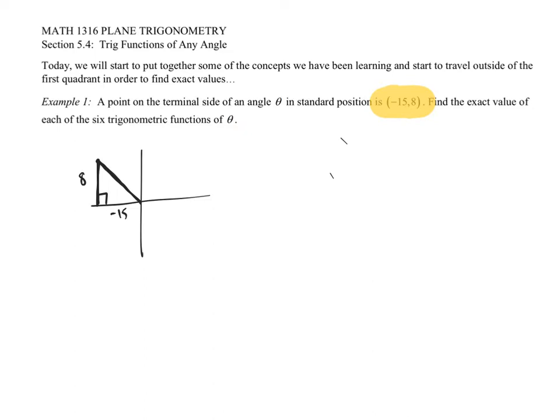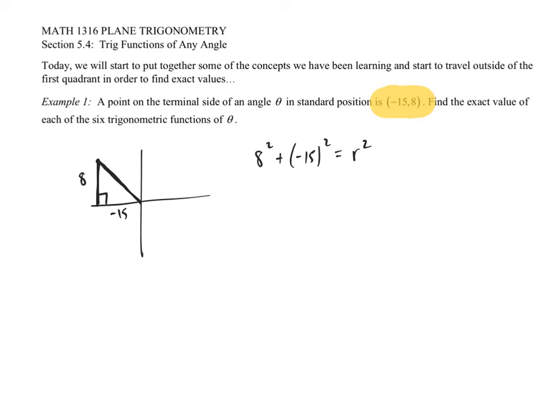Okay, and then I'm going to find the other side of this right triangle using the Pythagorean theorem. So the Pythagorean theorem says 8 squared plus (-15) squared is going to equal r squared, and I'm going to use r to mean radius here because next class we're going to put all of this into a circle that has a radius of 1. Right now the radius doesn't have to be 1, but that's why I'm using the letter r.